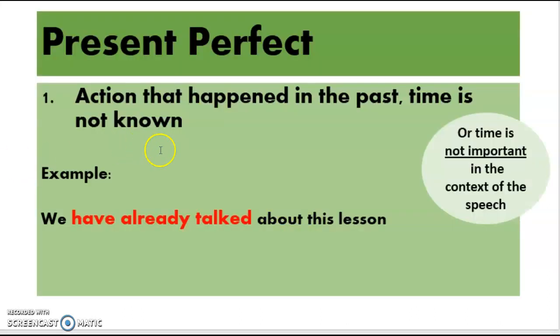But in the present perfect, the most common case is that we do not know the time, or maybe the time is not important in the context of the speech. It means when we're talking, we're just stressing that this action took place in the past, but we do not want to mention the time because it's not important.